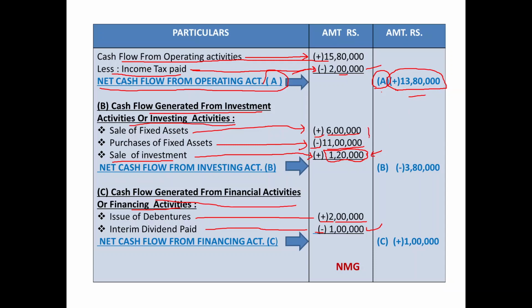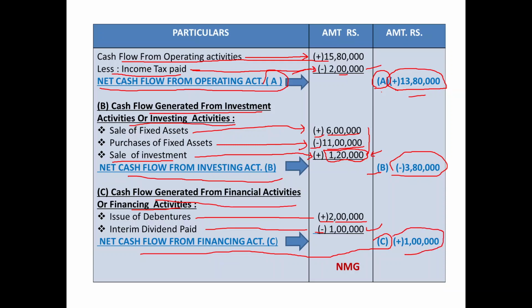Total of this B, having three items. Net cash flow from investing activities B, minus 3 lakh 80,000. Net cash flow from financing activities C, plus 1 lakh. Now the final picture. What is the net increase or decrease made in the current year as far as the cash flow is concerned?